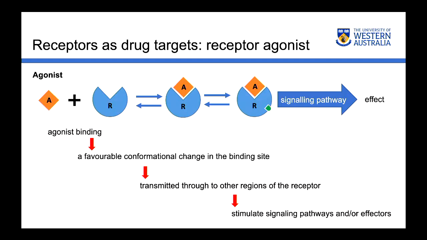It's very straightforward. It binds to the receptor and forms a complex. This will often initiate a conformational change that is relayed to other regions of the receptor so that it can stimulate the signaling pathways, and eventually it causes a change in cell function and produces an effect. It's just like what an endogenous ligand in our body does.